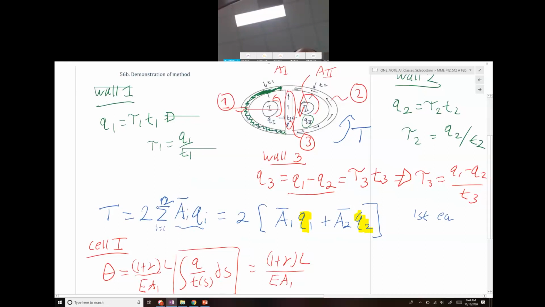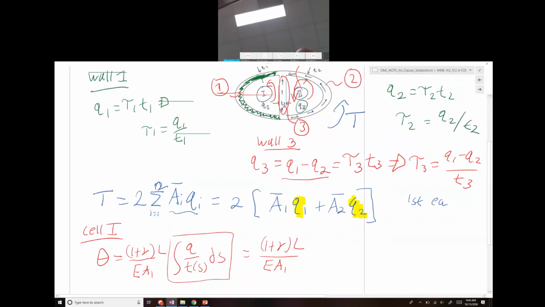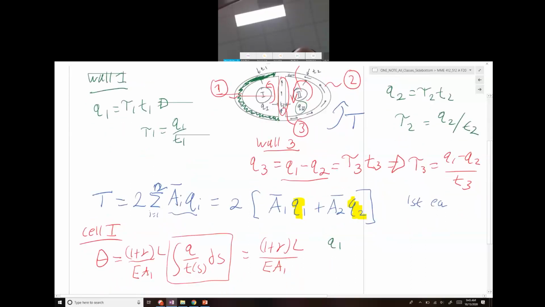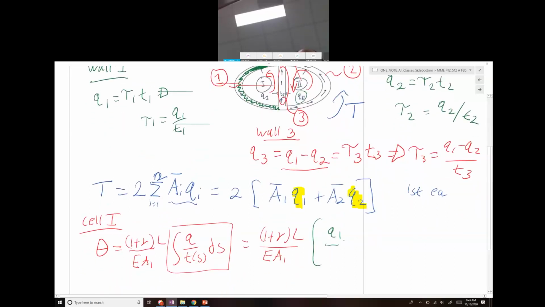The shear flow over that part of the tube would be equal to Q1, and the shear flow is constant along that part of the section, and the thickness along that part is also constant, so I'll call that T1. Then these terms can come out, and it's just going to be the integral of ds. I'm going to call the length of that wall 1 S1.